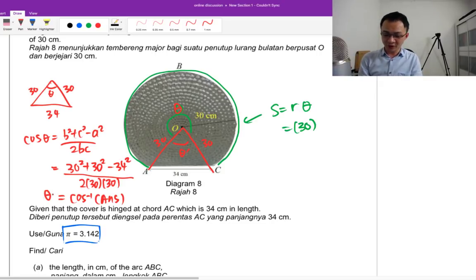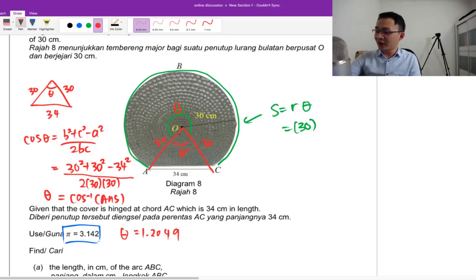So shift cos 30 square plus 30 square minus 34 square over 2 multiply 30 multiply 30, and then close bracket. So you will get the angle inside the triangle, which is 1.2049.